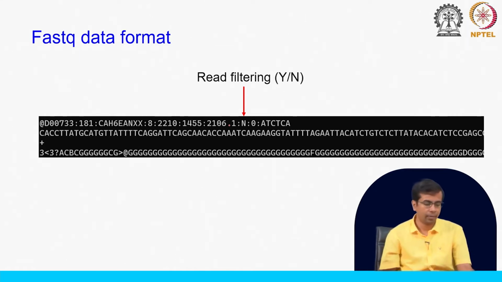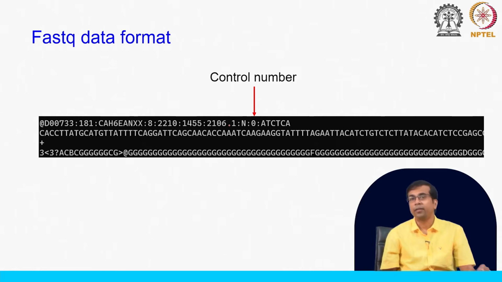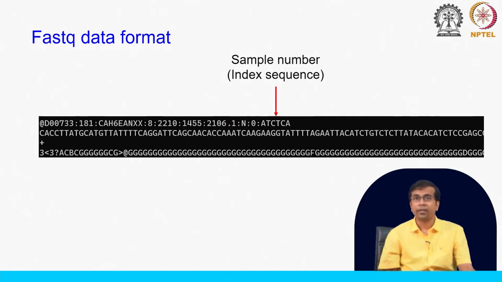The next part is the control number. This shows whether some control experiments were run in this experiment. In some cases you want to do a control for some tests, but in this case there is no control experiment. The last bit shows the sample number, or usually the index sequence.